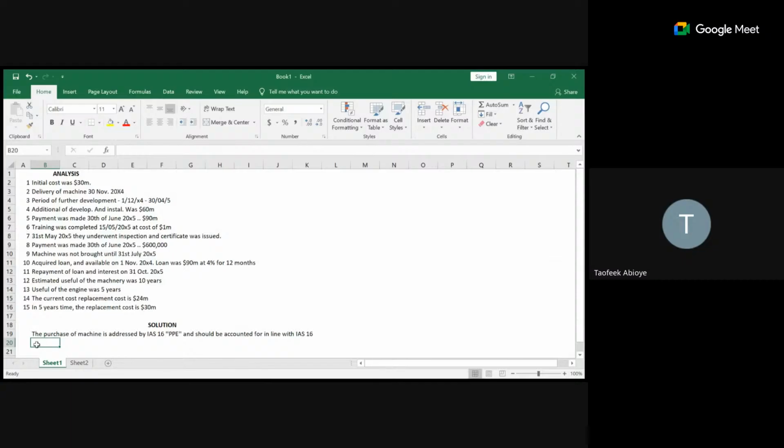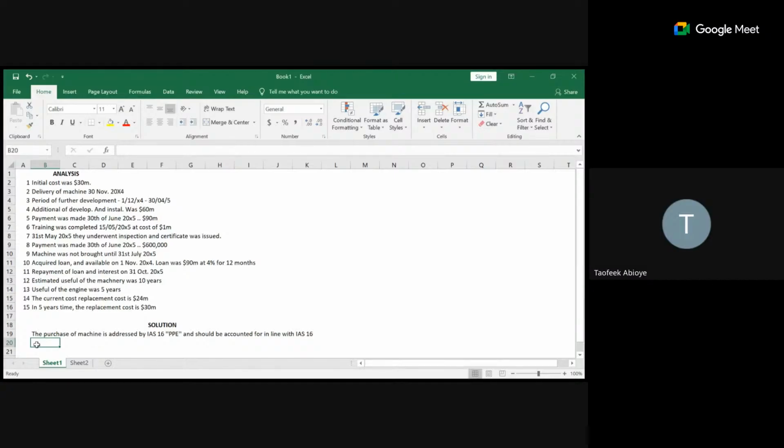Now it should be accounted in line with IAS. We have already agreed that the cost of the PPE was how much? Was 30 million, right? Yes.